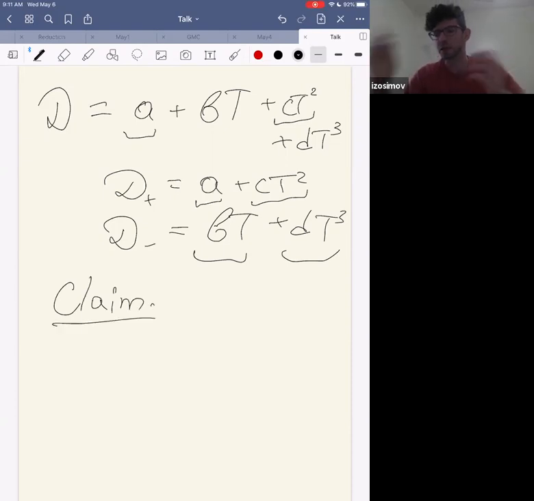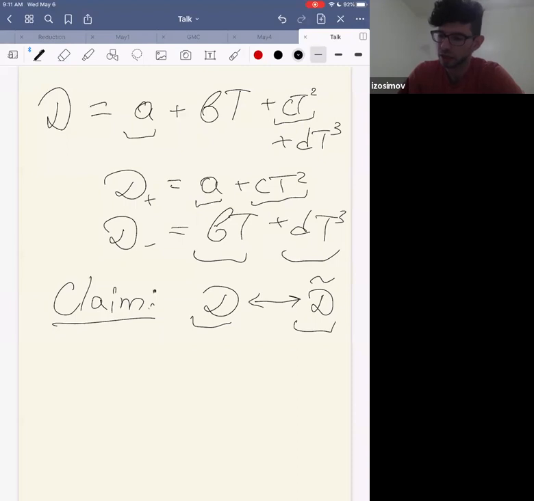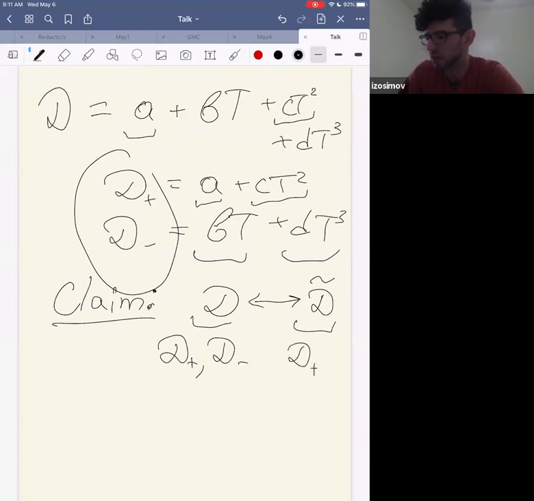As I said, the pentagram map on the level of difference operators is going to be a map from D to D tilde, and this map is actually a multi-valued map. It's a correspondence, so it's a certain relation between D and D tilde. To describe this map, instead of D and D tilde, I will use the positive and negative parts as I defined them. So I will describe a correspondence between D plus, D minus and D plus tilde, D minus tilde.